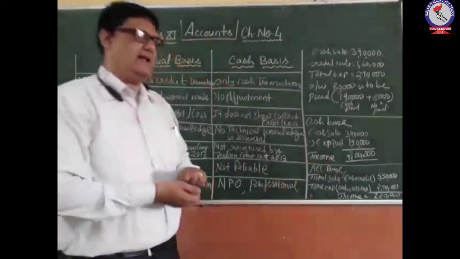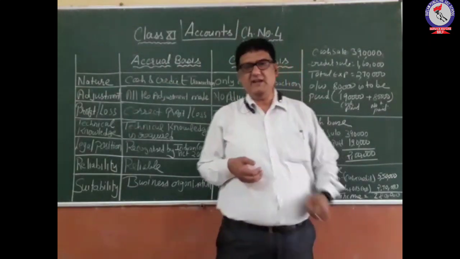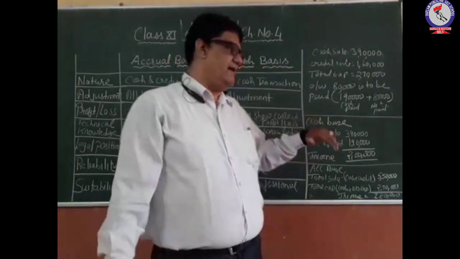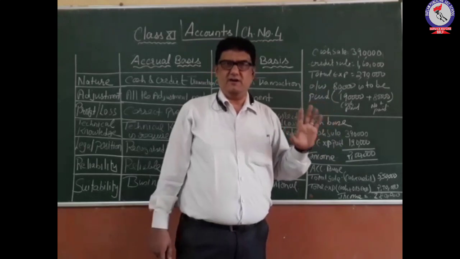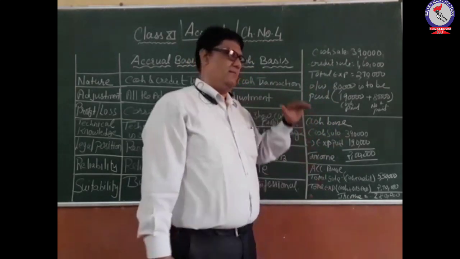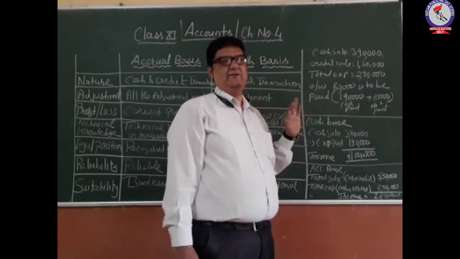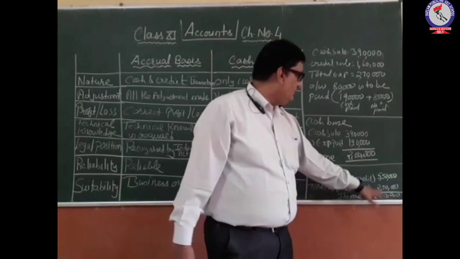So this is the correct income. Why? Because in the year we have made a sale of 550, and then for that we have incurred expenses of 2,70,000. Whether the money was paid or not doesn't matter. Whether the money is received or not doesn't matter. But it will be counted as total sale and total expense of the year. So total income of the year is 2,80,000.